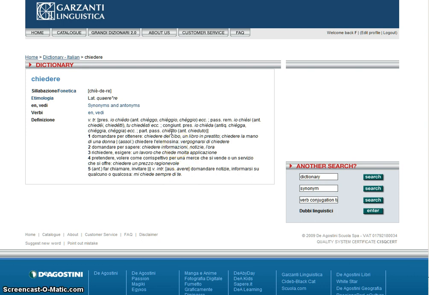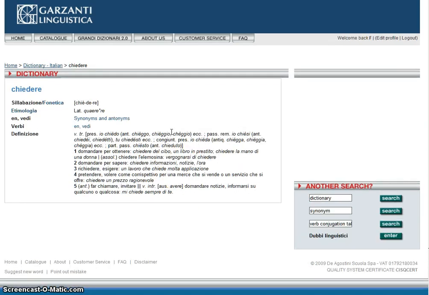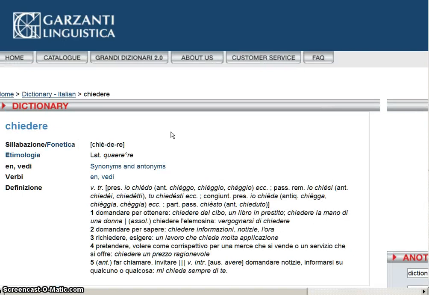Now you notice, I'll try to blow it up, that all of these forms have diacritics, these accent marks. They indicate where the stress falls. It is a function of the dictionary to provide you in phonetic terms also the pronunciation as much as possible.